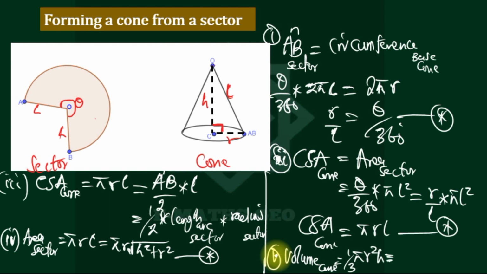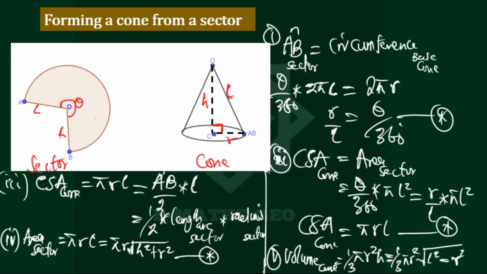And from here, using Pythagorean theorem, we can see that this is 1 over 3 pi r squared times the square root of l squared minus r squared. That's from Pythagorean theorem, from the cone. So these are the 5 formulas that we use in solving questions that involve sector and a cone.